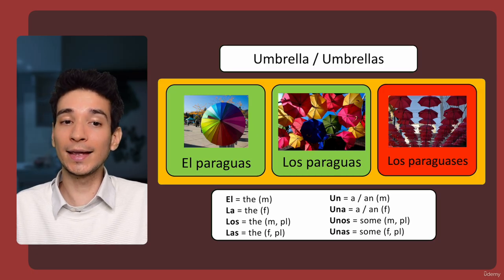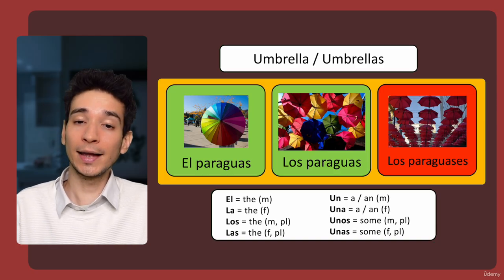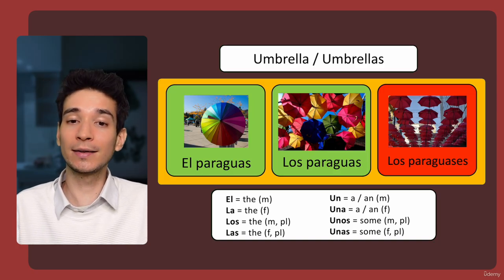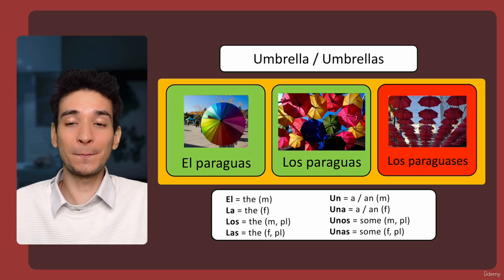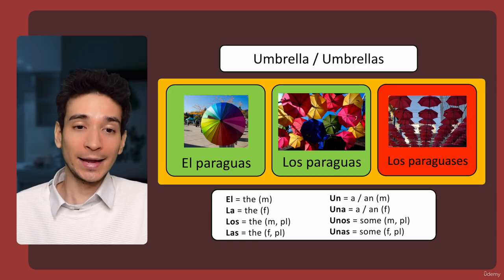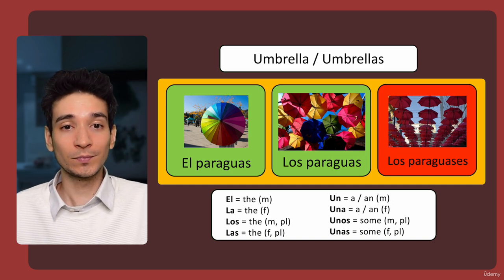We would say el paraguas, the umbrella. And to make it plural, we would say los paraguas. But we would not say los paraguases. That one sounds wrong. El paraguas, los paraguas.